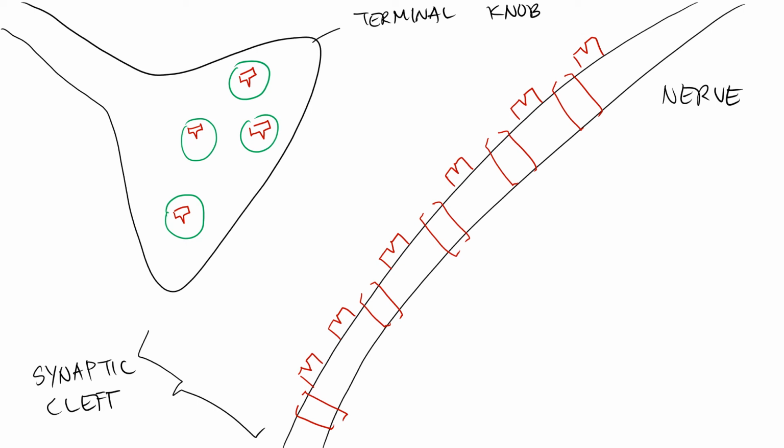Now, you can see that there's a whole gap in between. The only way for that gap to be bridged is by the terminal knob spitting out these neurotransmitters to the other side.